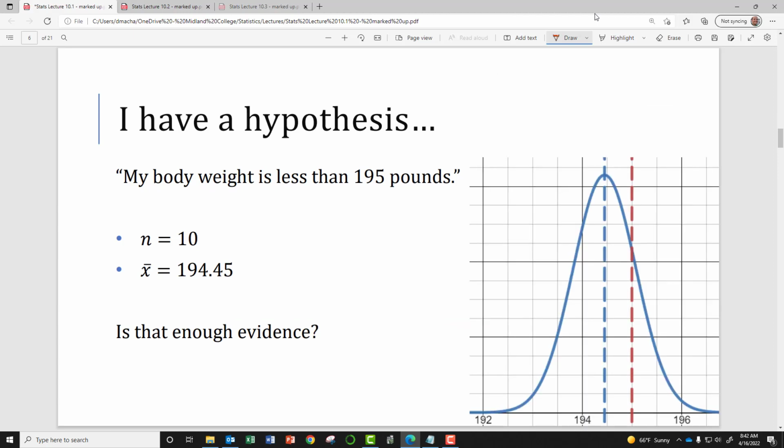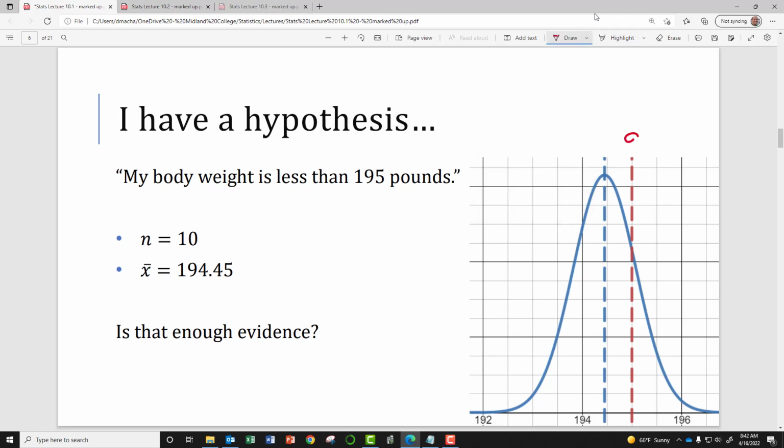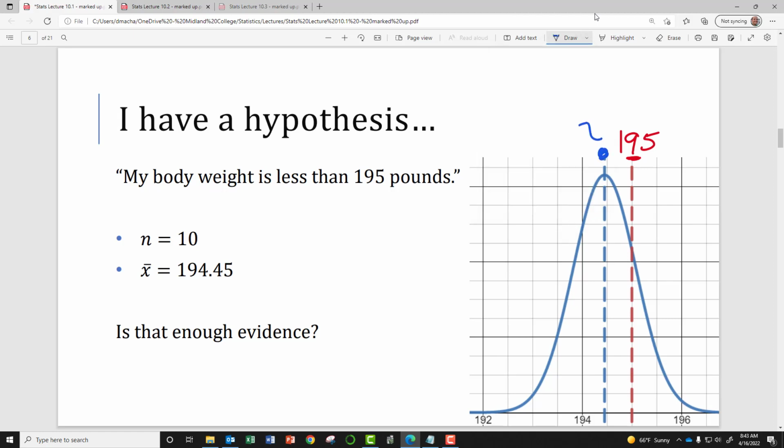So here's another way of visualizing this. Over here on the right, this red vertical line represents 195 pounds. This blue vertical line represents my sample mean, which is 194.45 pounds.